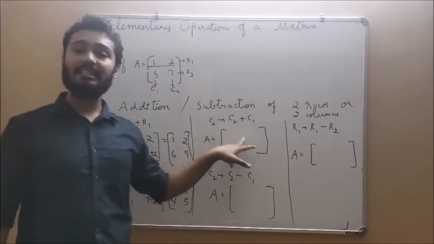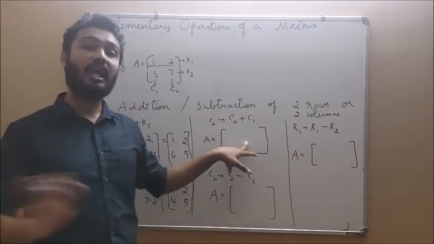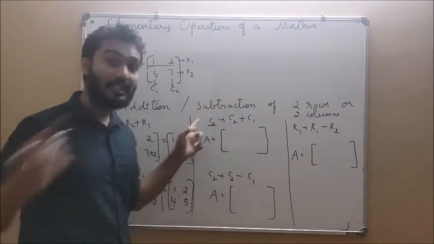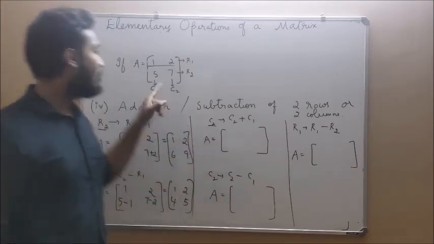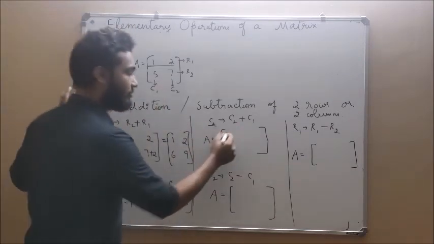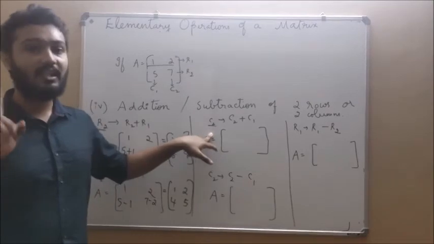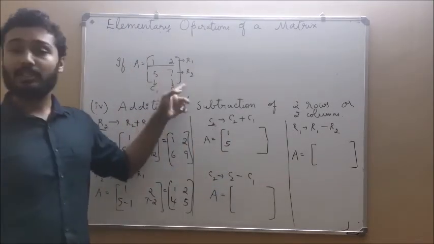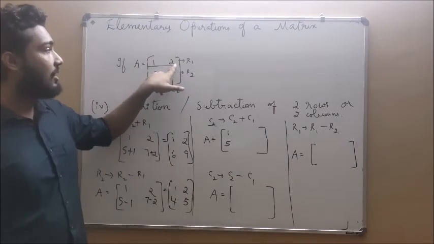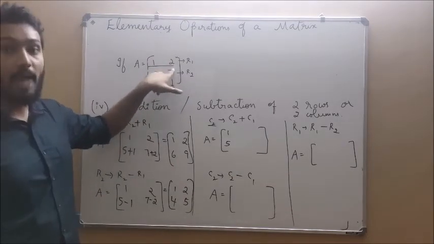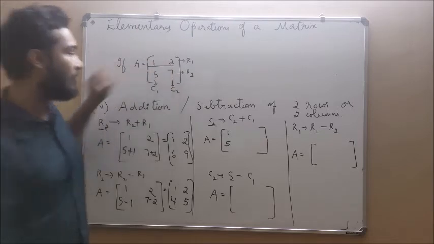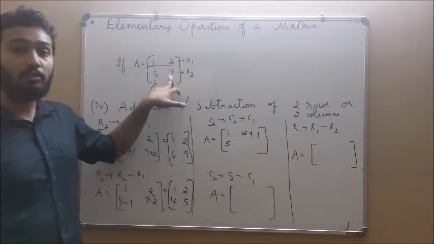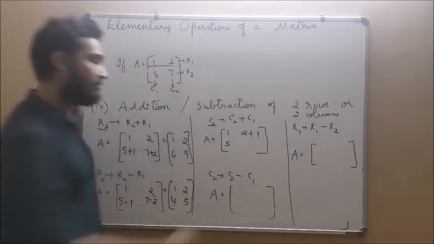Next, if it is C2 plus C1, a column addition, C2 changes to C2 plus C1. So C2 is changing, and C1 remains as it is, 1, 5. C2 is changing, so I am adding the corresponding elements: 2 plus 1. The corresponding element in the column for 7 is 5, so 7 plus 5.